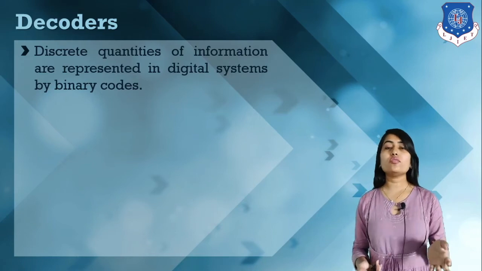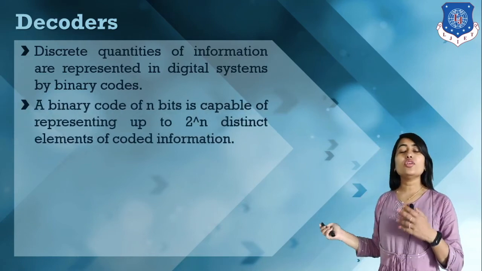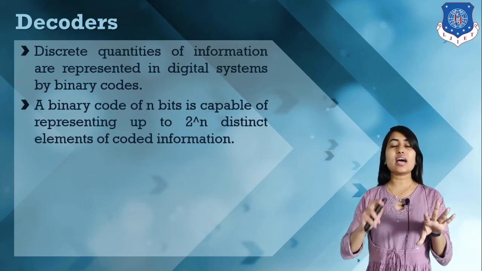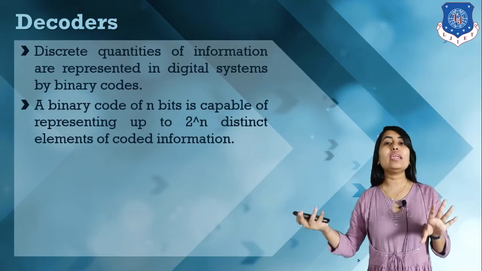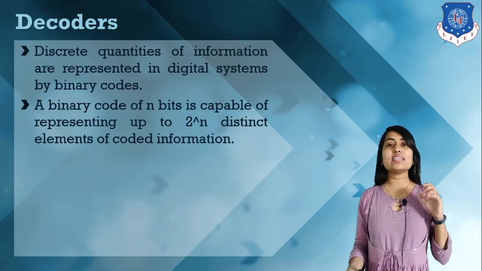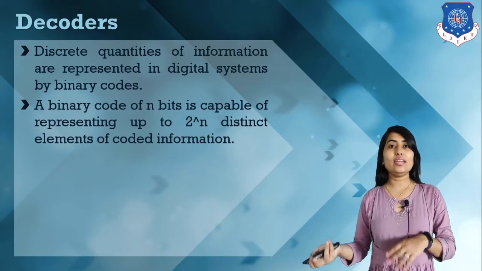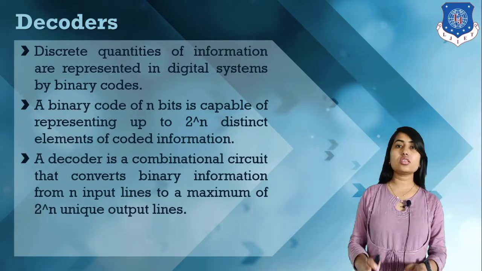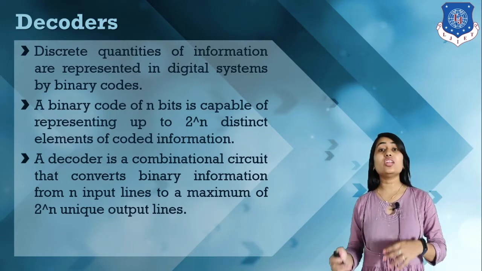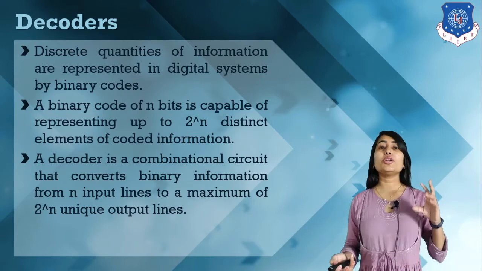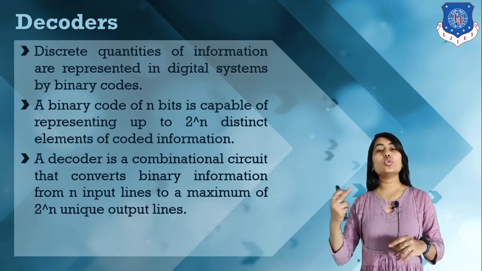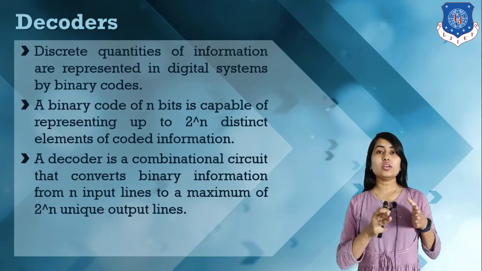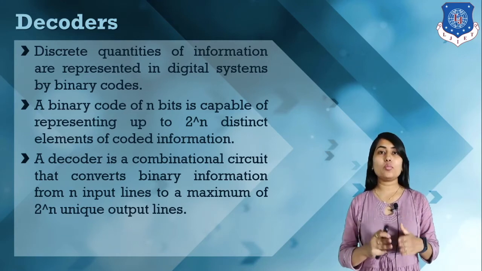If we have n-bit data, it is decoded into 2 raised to n output lines. The decoder is a combinational logic circuit which converts n-bit data into 2 raised to n bit data. This encoded information is decoded with the help of the decoder.